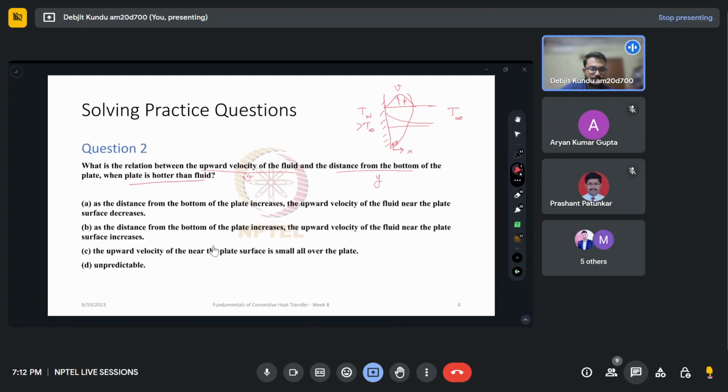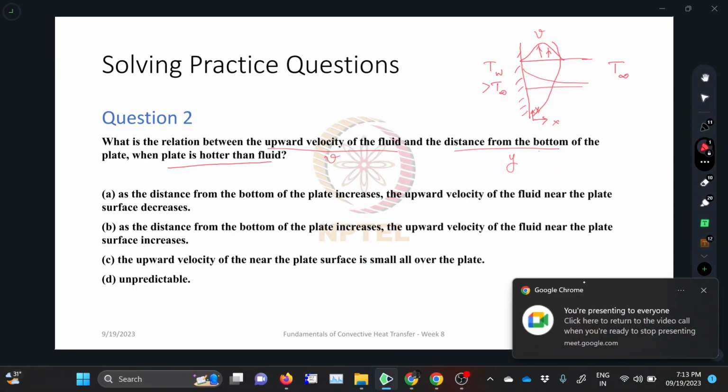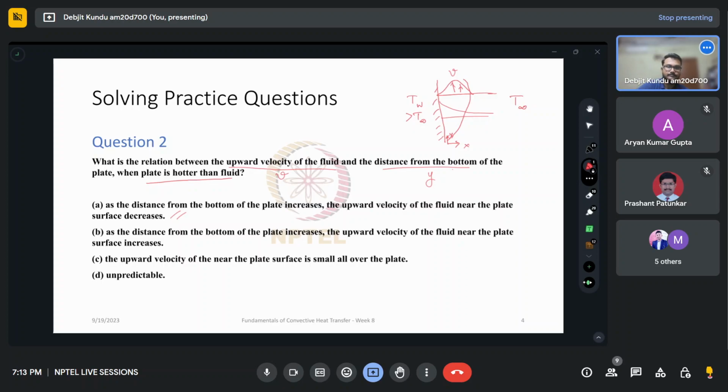We have two responses in the chat box in favor of option A. Let's see what others have to say. So what is the relationship between V and Y?